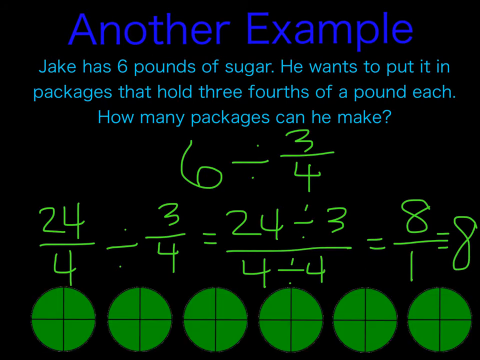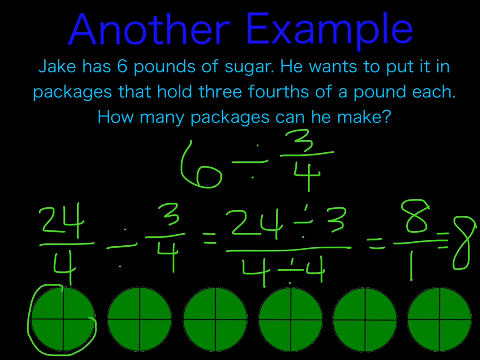Here is another way to look at this problem so that you can see exactly what I've done with my division. As you can see at the bottom, I have added 6 whole circles, which I've divided into fourths. If I want 3/4 of the sugar to be in each package, and each one of these circles represents 1 pound of the sugar that Jake has, I am going to circle 3/4 of each of these circles.